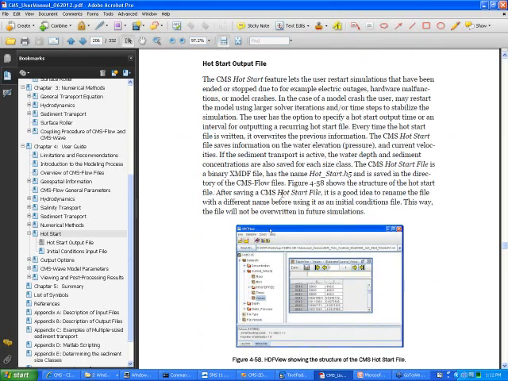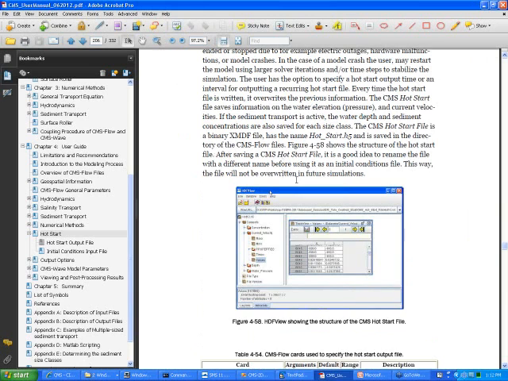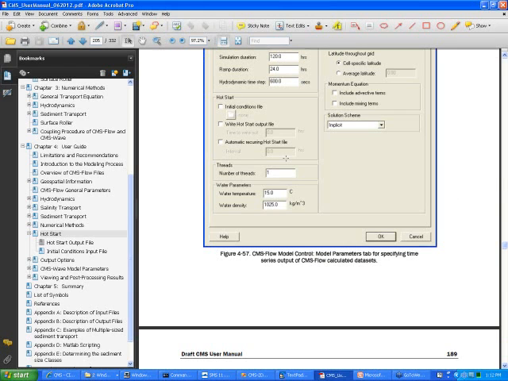It's also an XMDF file, and there are two options for writing it out. You can write it at a recurring interval, and that's really what we recommend. But you can also specify a specific time to write out that file in the interface, and that's shown here.